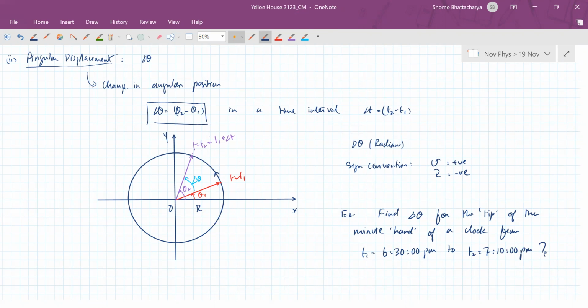That will give you the angular displacement, and in this case it will be a clockwise displacement, so you'll have to refer to it with a negative sign. So just note down the definition of angular displacement and then work out this question. We will discuss it in a moment.